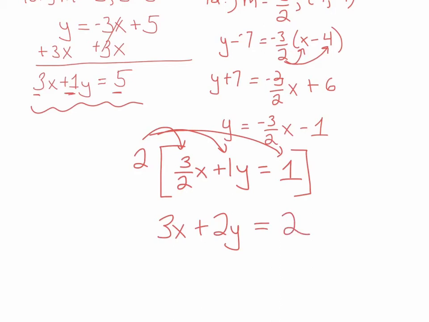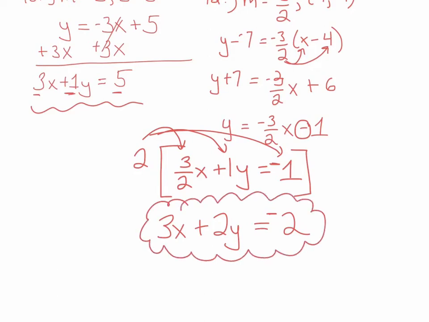Yep, I just noticed, it's supposed to be a negative 1 there, so that'll be a negative 2 there. There we go. That's better. So we got 3x plus 2y equals negative 2. So a, b, and c are integers, whole numbers.